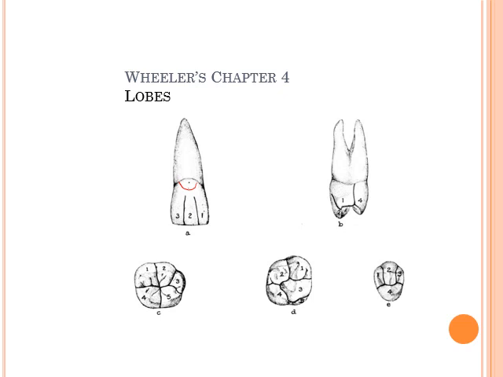Primary or developmental grooves tend to separate lobes, like we said before. A board question in the past used to ask which teeth have 3 lobes. So the answer would be none of them, since teeth have at least 4. So that's pretty much it for the lobes.